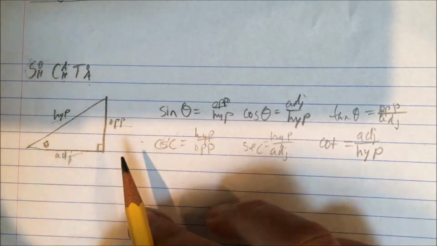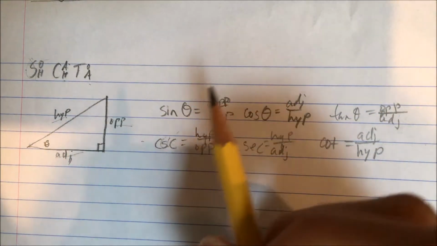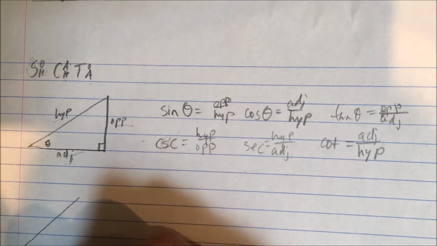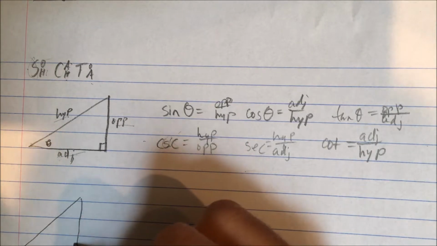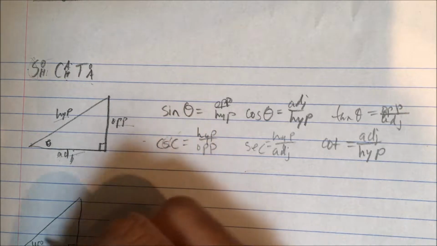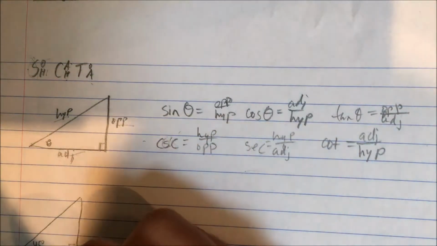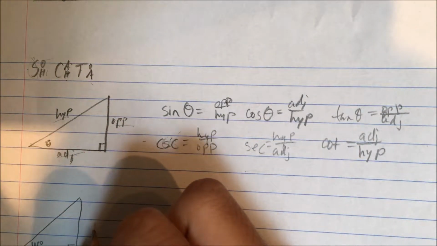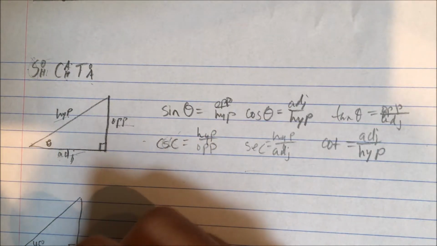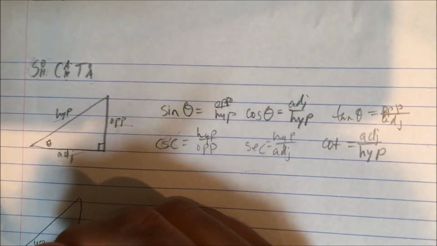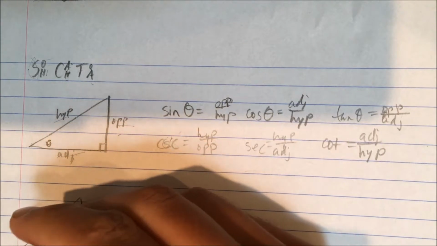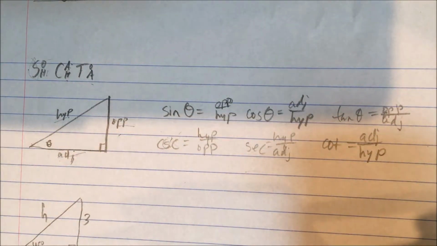And so, what would a problem using Sohcahtoa look like? If we have a right triangle, and this is a 45-degree angle, and this side length is 3, then what is h, the hypotenuse?